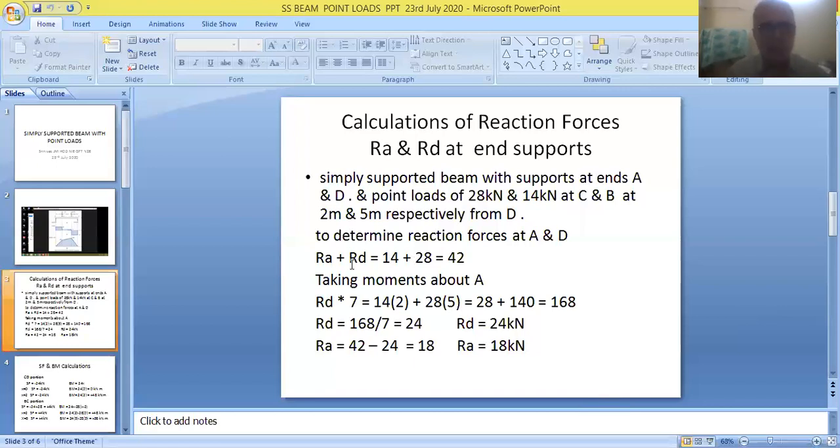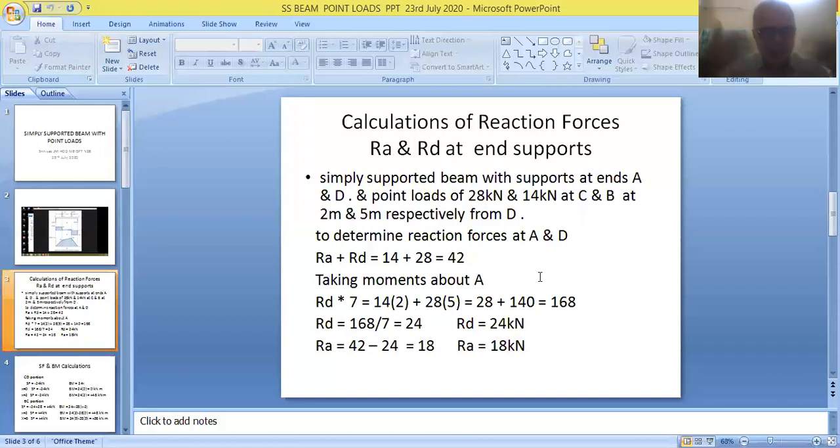So we are equating these two values. Therefore, RA plus RD can be written as 42 kilonewtons. 28 is in kilonewtons, 14 is also in kilonewtons, so 42 will also be in kilonewtons.